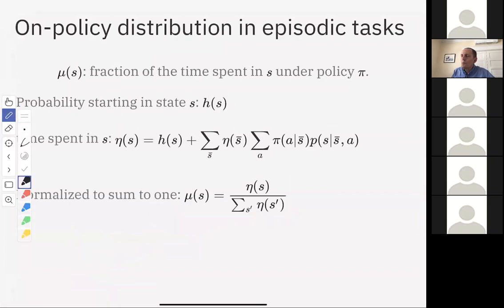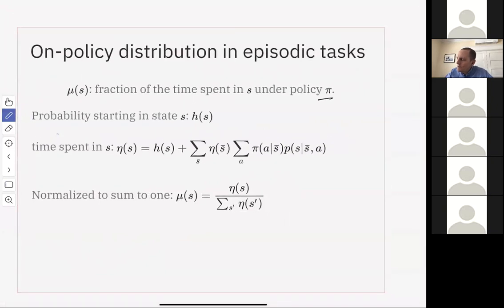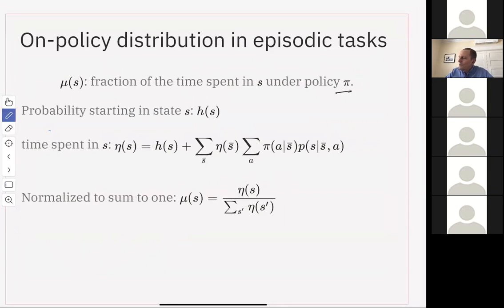So how do we know how likely it is to be in a state? Often what we'll do is look at how often we're in that state as we carry out particular episodic tasks. So if we look at policy pi, let's say we need to first know the probability of starting in a particular state.